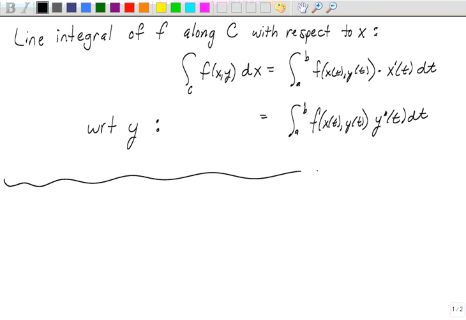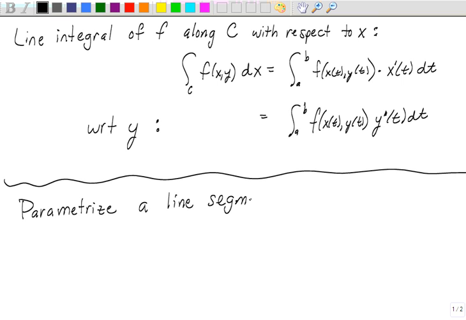Okay, and a lot of times in this section, you're going to have to parameterize a line segment. We're going to integrate along a line segment. And to do that, we let R be the position vector.